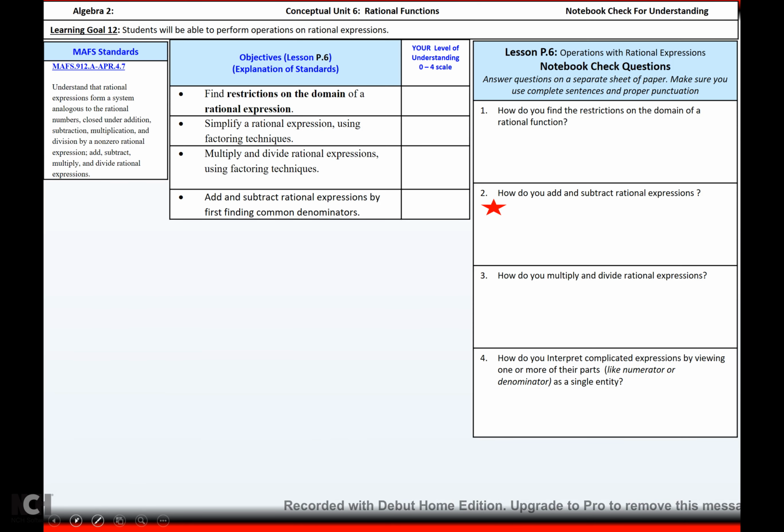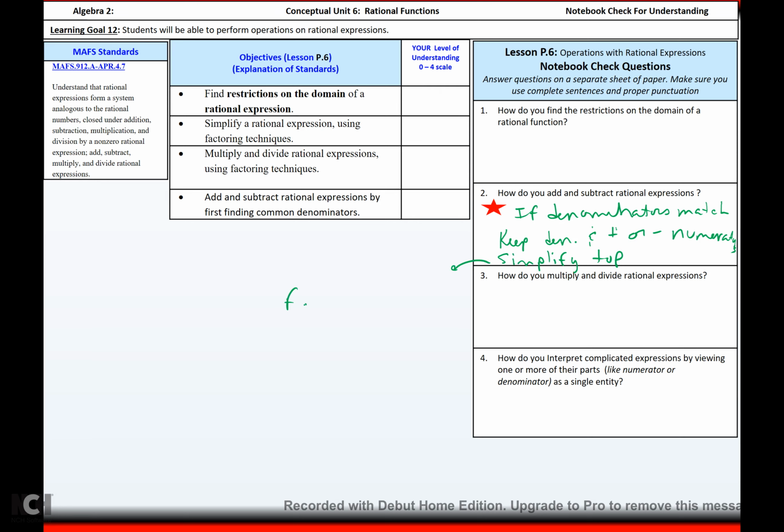Alright, so how do you add and subtract rational expressions? Well, if the denominators match, then you keep the denominator and add or subtract numerators. Simplify the top.